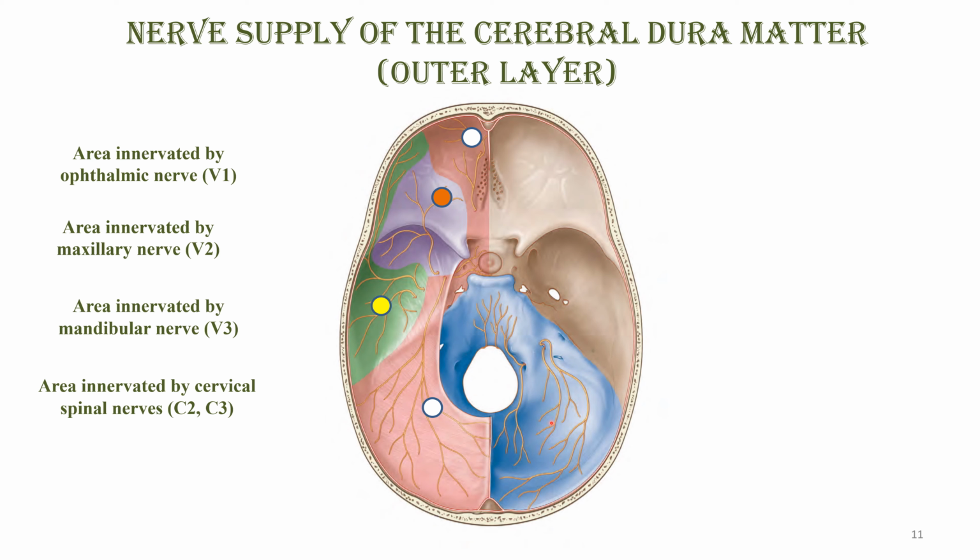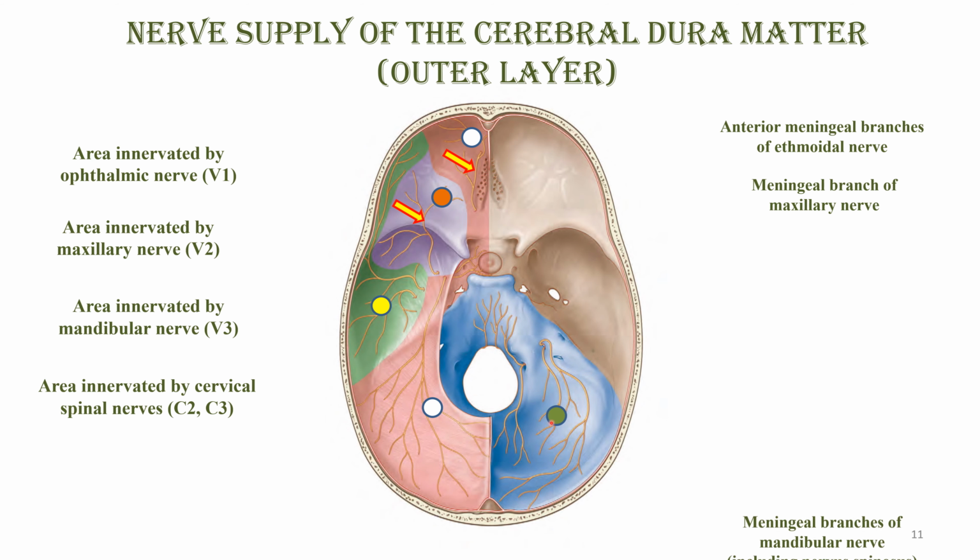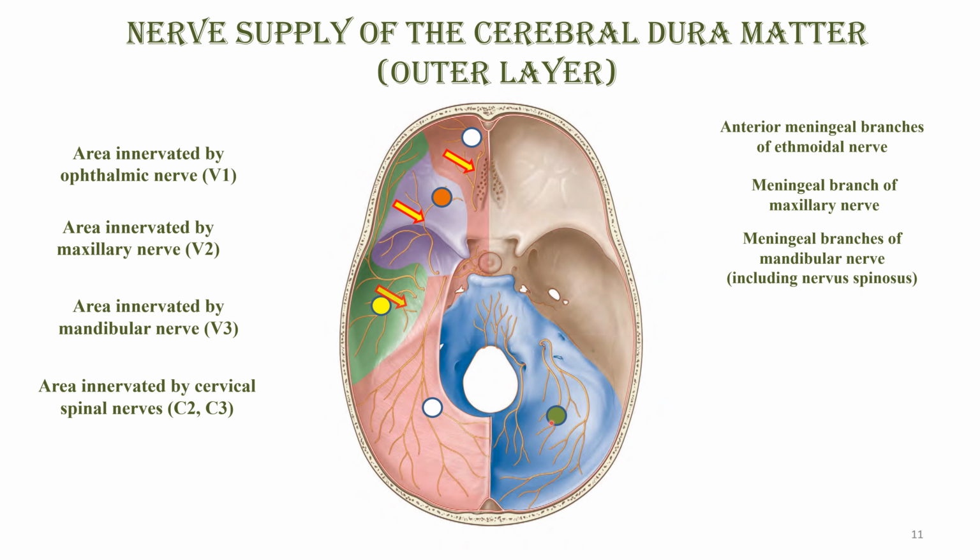The main nerves you can see there is the anterior meningeal branch of the ethmoidal nerve, which can be seen here very light. One is the meningeal branch of the maxillary, meningeal branches of the mandibular, the recurrent meningeal branch of the ophthalmic, or the tentorial in relation to the tentorium cerebelli.